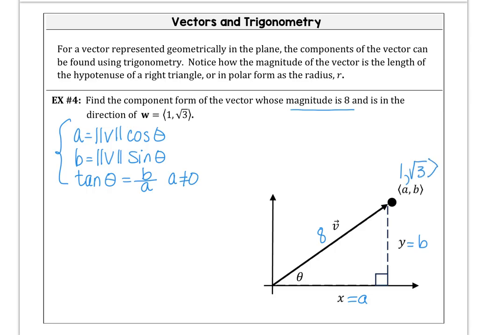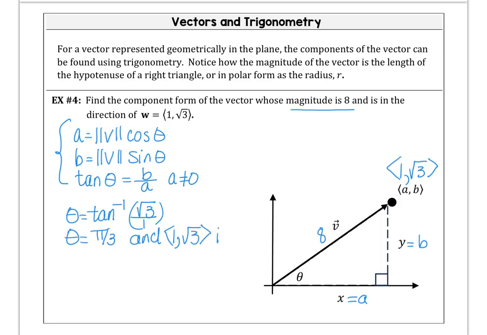So how do we find the angle? The angle is tan inverse of radical 3 divided by 1. So that puts our angle at pi over 3. And we know that the point (1, radical 3) is located in quadrant 1. So our angle is good, pi over 3.